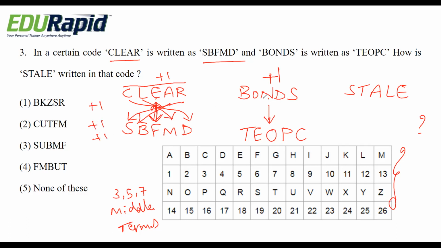After D it is E, after S it is T, after O it is P, and after B it is C. That means it goes from right to left.